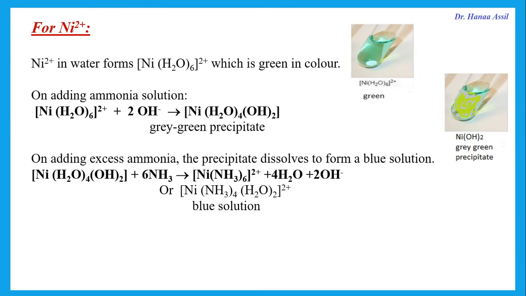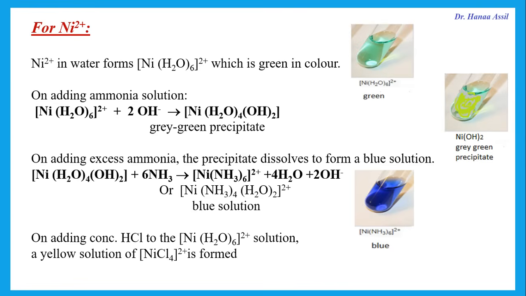Now when we add excess, it forms a blue solution in which the nickel is complexed with 6 ammonia ligands. If we add HCl to the nickel water solution, we get a yellow solution of the nickel with 4 chlorides as a complex.